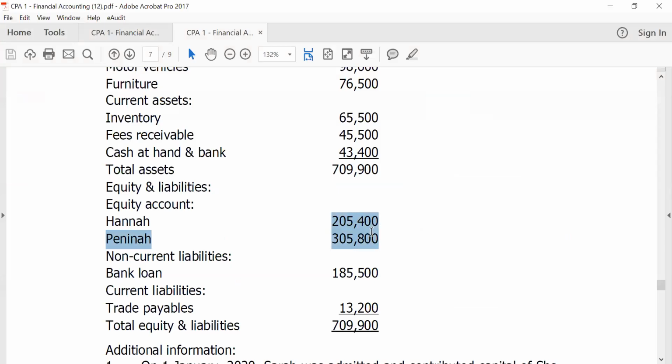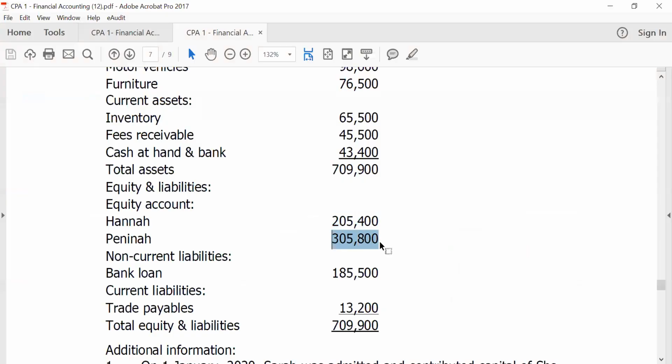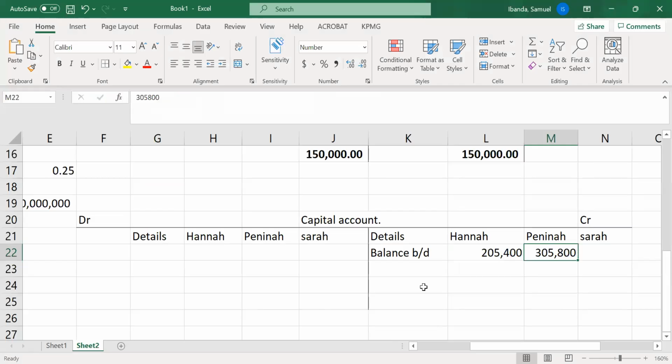We have 205, then Penina has 300. So these are the balances before we even admit a new partner; this is what we started with at the start of the year, before any decision came through.